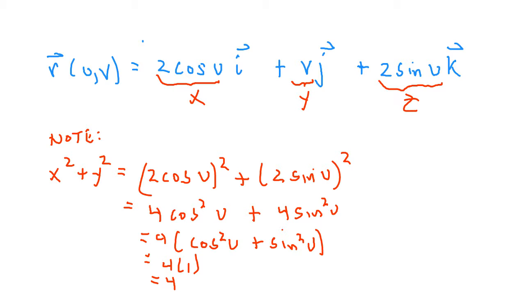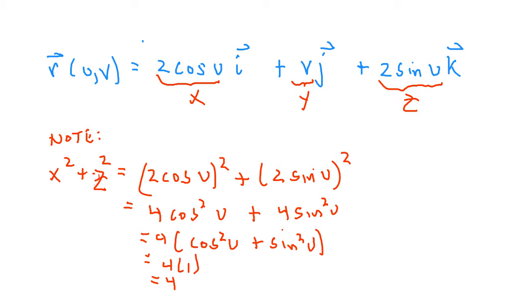So whatever this surface looks like, for all points on the surface, whatever x, y, z coordinates are on the surface, x squared plus z squared equals 4.